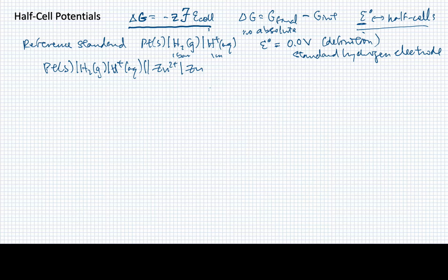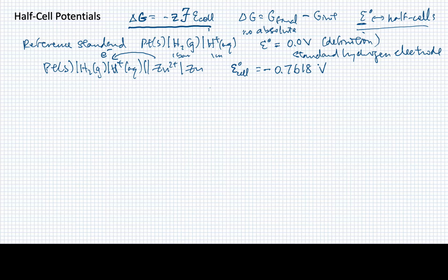Now, if we actually measure this potential difference under standard conditions, we would find that the cell potential for this particular combination of half cells is negative 0.7618 volts. All right, so this standard cell potential actually is not positive, so it tells us that in fact the electrons are flowing this direction in this particular case.